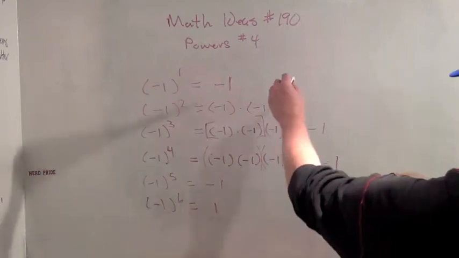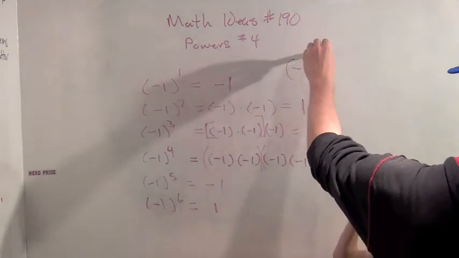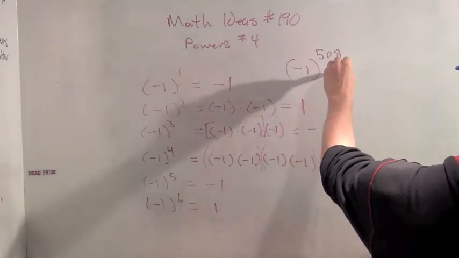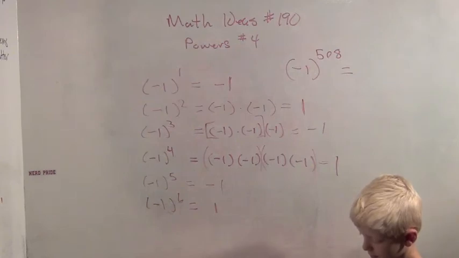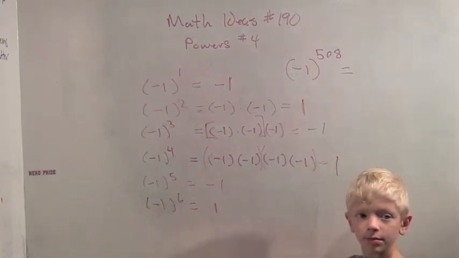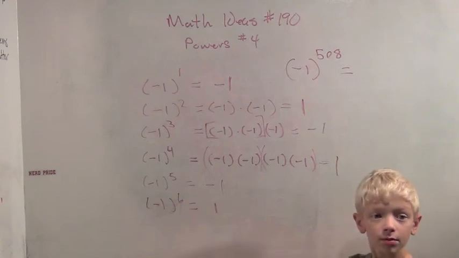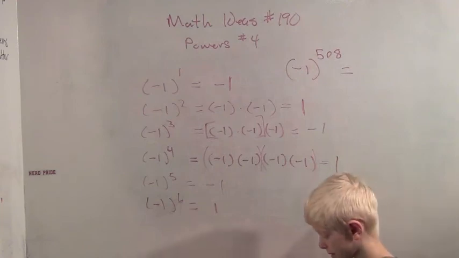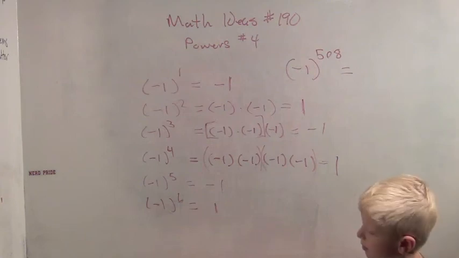The problem we were trying to figure out was -1 to the 508th power, which at first seemed like it would be totally impossible. But now that we found our little pattern, how are we going to use it to figure out what this is?